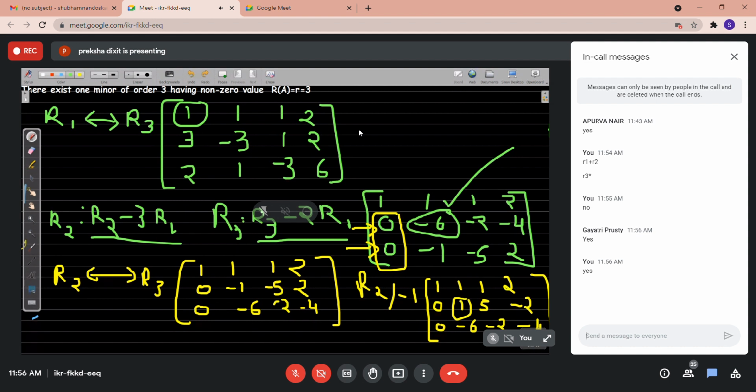So see, the next transformation performed here is row 2 getting interchanged with row 3. What we will get by performing this interchange is minus 1 at this position, which is the diagonal position for row 2 and column 2, isn't it?